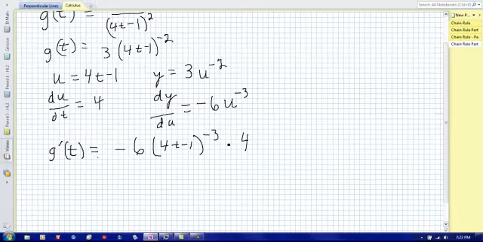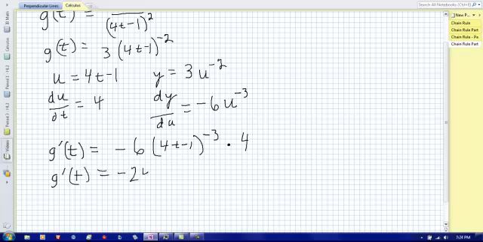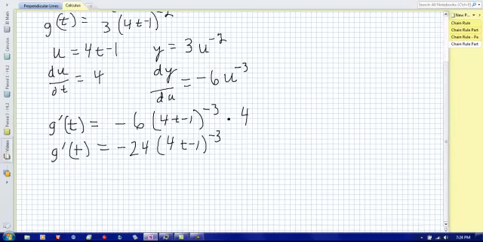Nice simple little derivative. Writing that out, g prime of t is equal to negative 24 times (4t minus 1) to the negative 3. Now we could make this a little prettier by resolving this negative exponent.